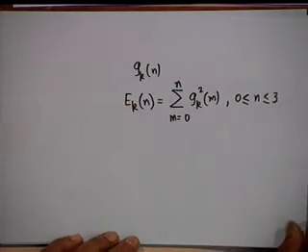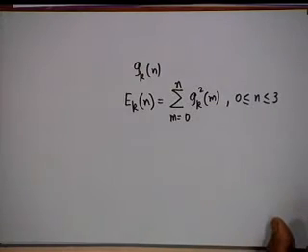The partial energy is a property of minimum phase and maximum phase functions: the partial energy is higher for minimum phase and lower for maximum phase.